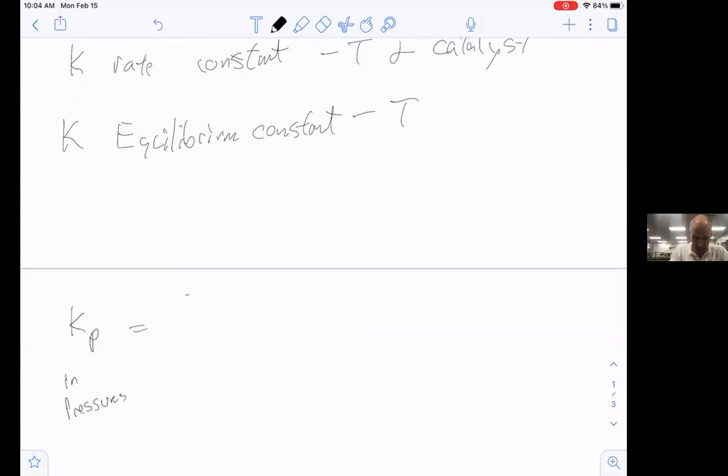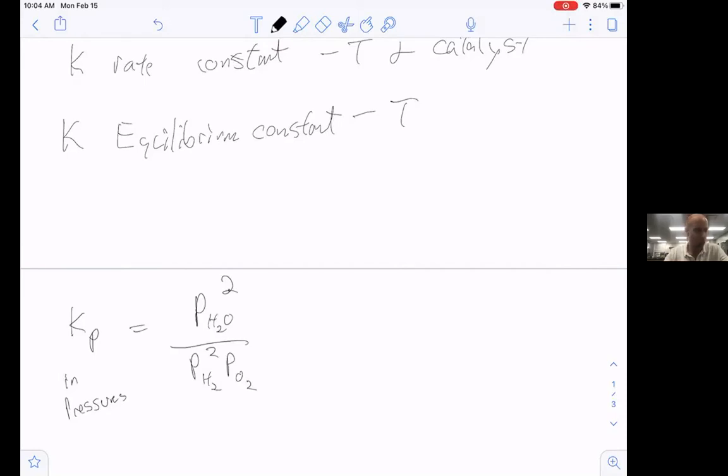So it would be the pressure of hydrogen, products over reactants, the pressure of water over the pressure of hydrogen over the pressure of oxygen, raised to their powers of their molar coefficients, okay? So if they give you pressures, you are actually calculating Kp. If they give you molarity, you are calculating K, okay?